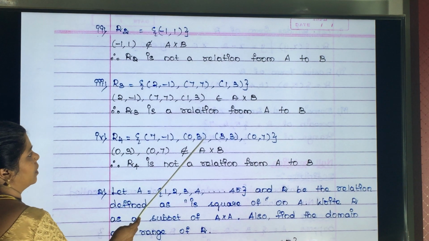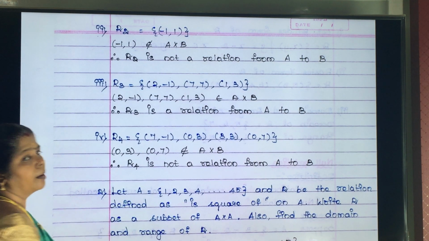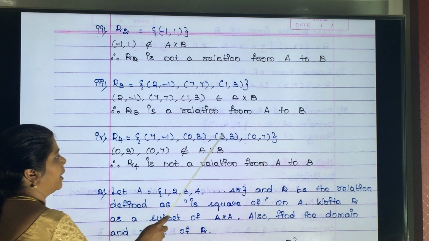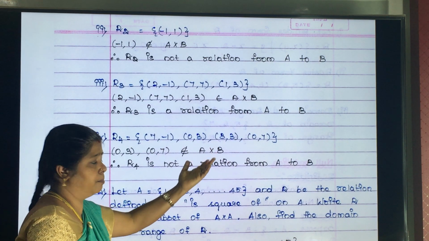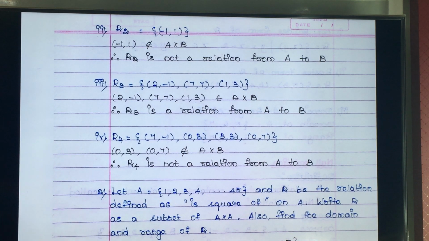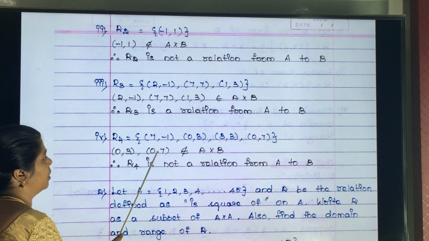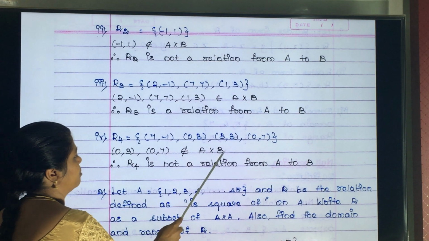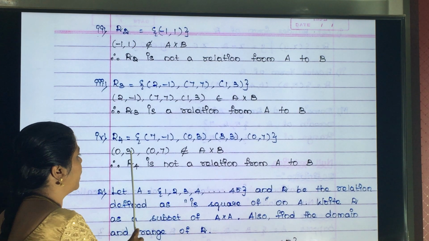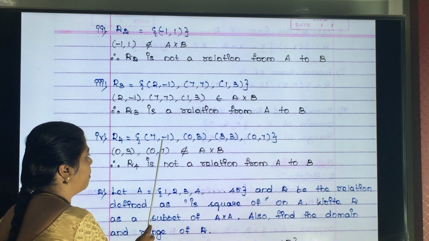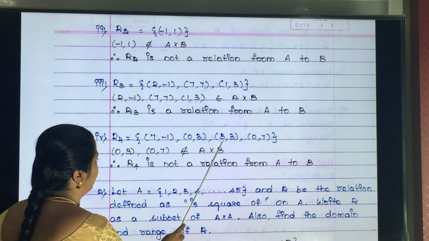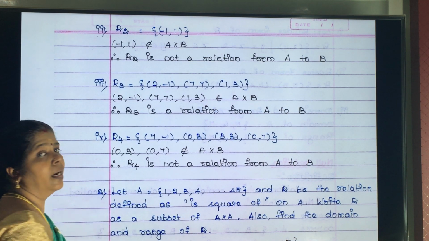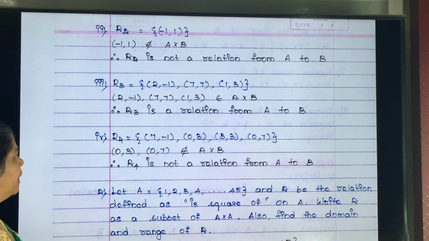R4 is {(7,-1), (0,3), (3,3), (0,7)}. Children, if you check again these ordered pairs, you should check with A cross B. So when you check, you will see (0,3) and (0,7) will not be found in A cross B. A cross Bல இந்த ரெண்டு மட்டும் இருக்காது. You will find (7,-1) and you will find (3,3), whereas these two are not found in A cross B. Therefore, again what to do?